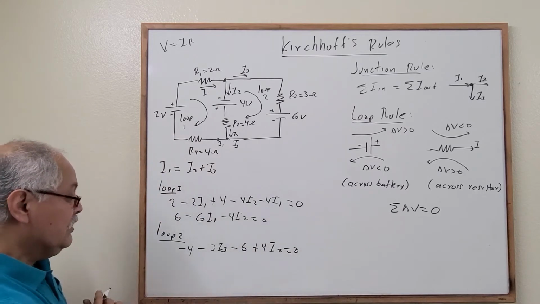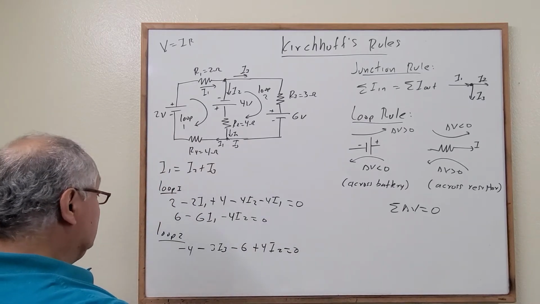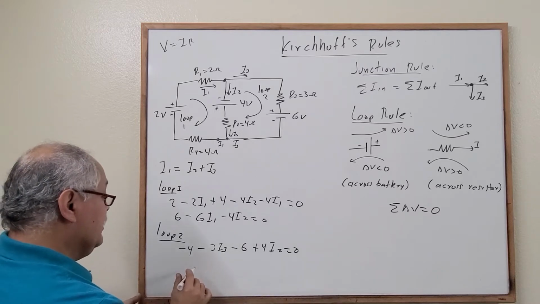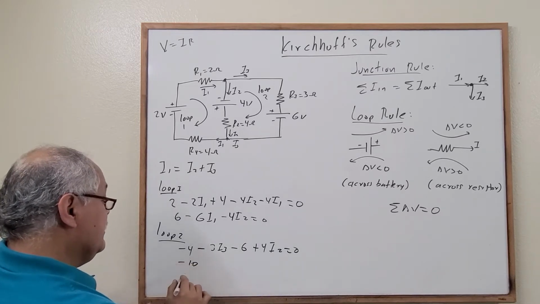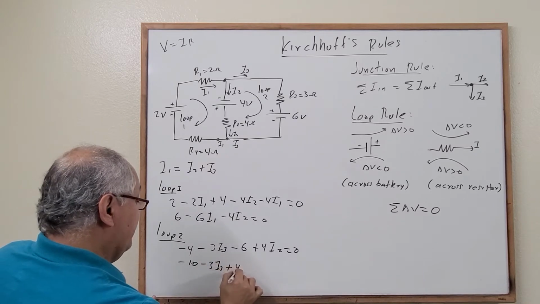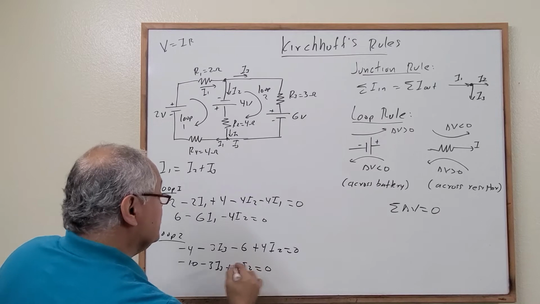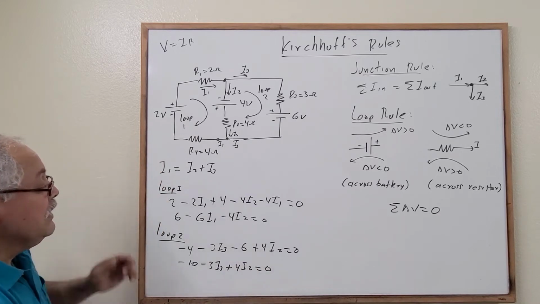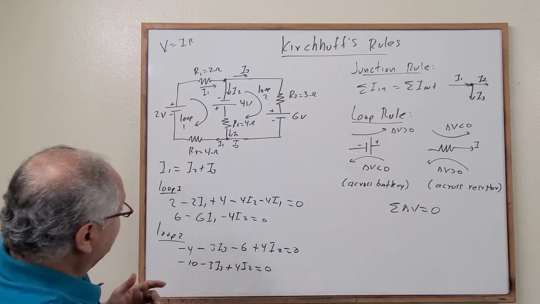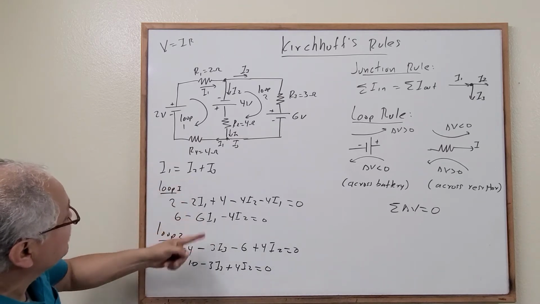Let's see if we can reduce this equation. So this equals negative 10, correct? Minus 3 current 3 plus 4 current 2 is equal to 0. Okay, as you can see, we have three equations and 3 unknowns, right?